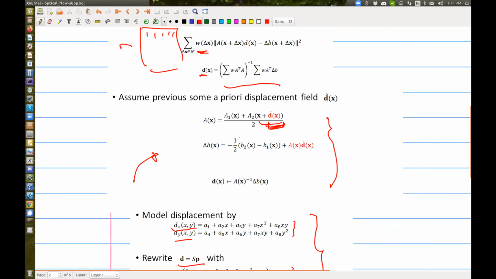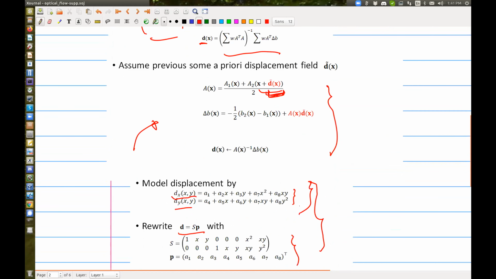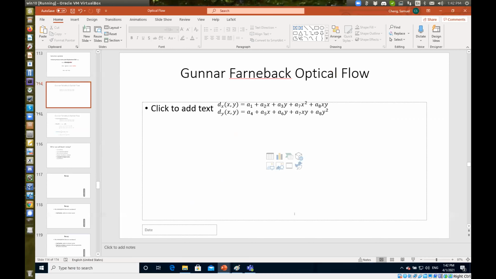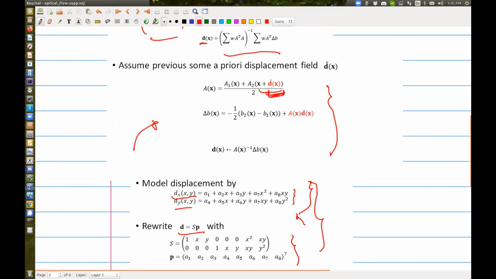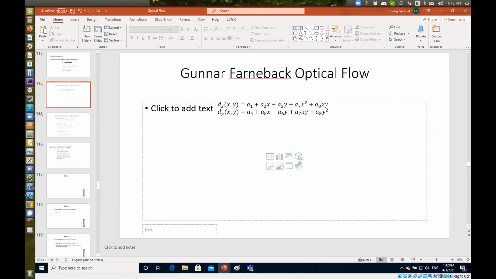For example, the polynomial parameter mentioned there is actually for this one here. So this is a little bit of a review of last time. Let me continue with the slides.